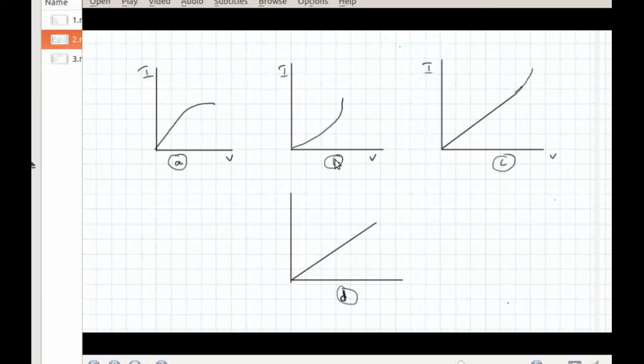Initially, in the case of graph B, it gradually increases, and then there is a sudden difference in the I-V ratio. Then here there is a gradual change at the last part of the straight line, and here it is always a straight line. So it is very clear that graph D represents an ohmic conductor or an ohmic material.